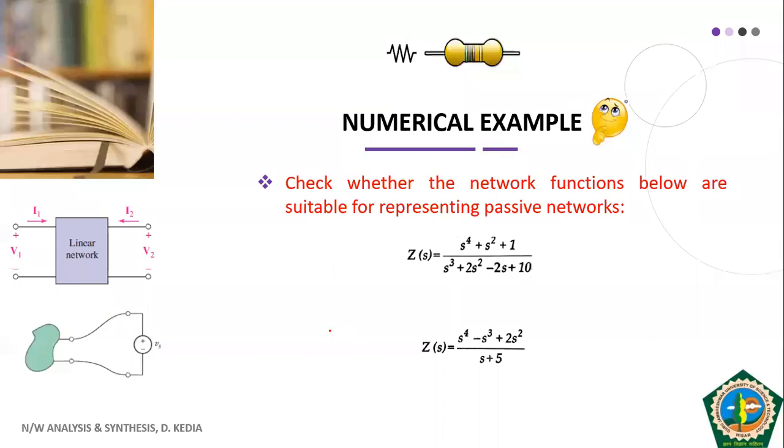I hope you must have noticed the thing. Let us first take up the first network function. If we look at the numerator part, what is happening? We have s raised to power 4, then we have s raised to power 2. Then we do not have the s raised to power 3 term here.